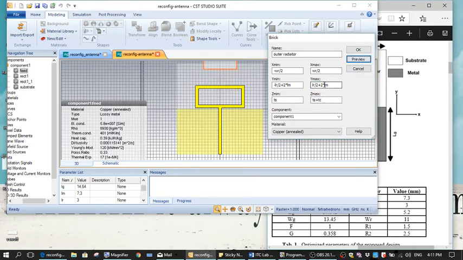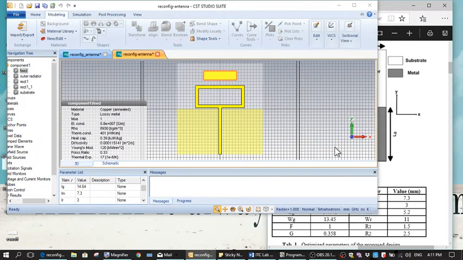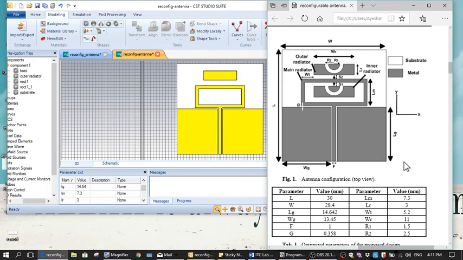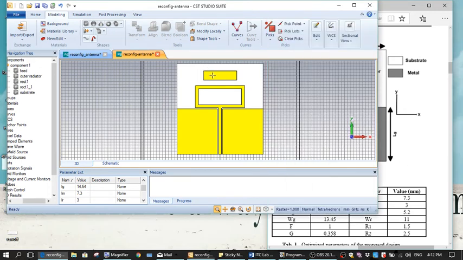Okay, that is way higher. 1.5 maybe. Okay, this seems okay. Let's make it okay. So it is still higher.